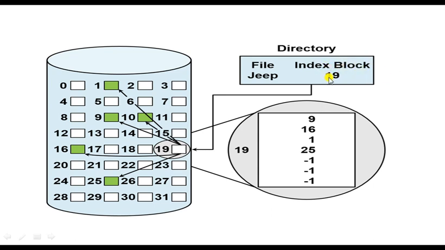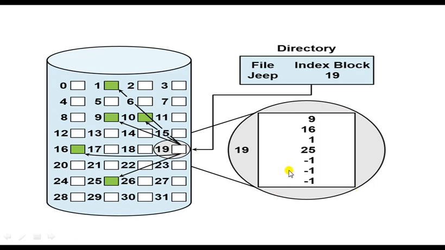Here the index block number is 19. By using this index block, the operating system directly goes to the 19th location. What exactly is the 19th location having? It has the addresses of different blocks, maybe the block pointers. So in this block you are generating one index.